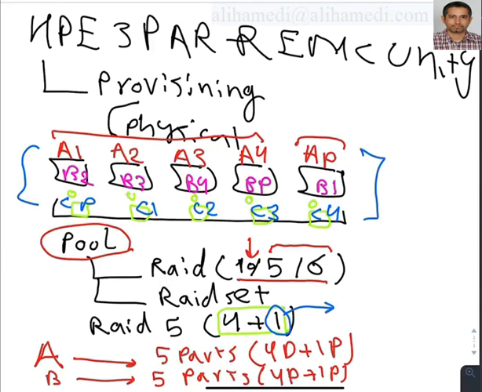Now, from an outside perspective, what does this distribution mean?